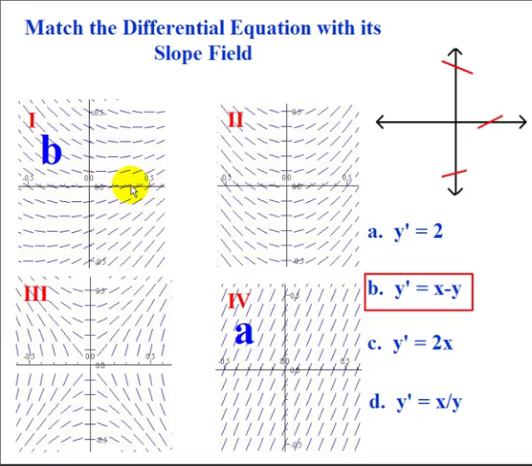It has a positive slope on the positive x-axis, and it has a positive slope on the negative y-axis. And only this first slope field has that property.